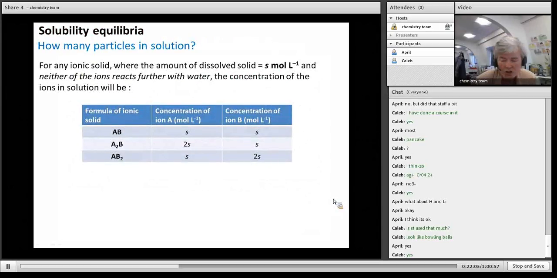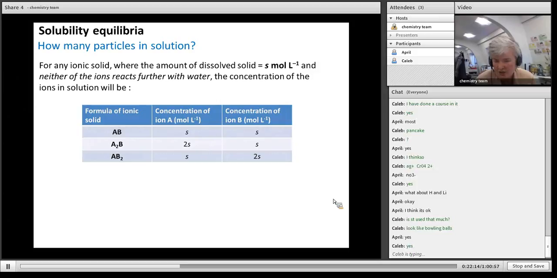So that is revising quickly the level 2 stuff that you need to know. Are there any questions or anything you didn't know from what I went over?